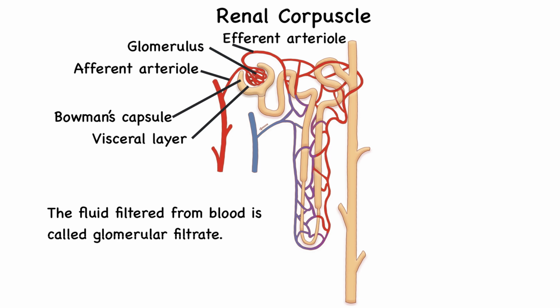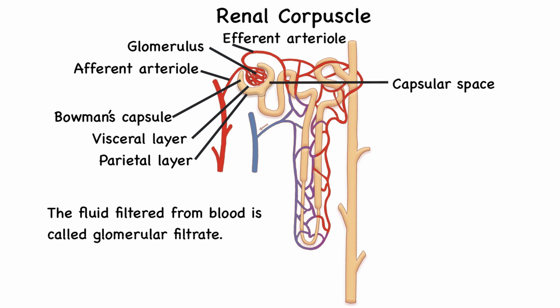The parietal layer consists of simple squamous epithelium, which allows easy filtration and forms the outer wall of the capsule. The filtered fluid, or glomerular filtrate, enters into the capsular space, which is the space between the two layers of the glomerular capsule, also known as Bowman's capsule.